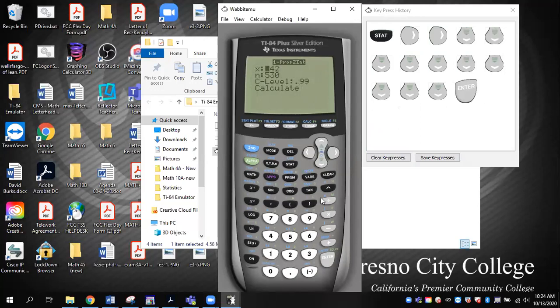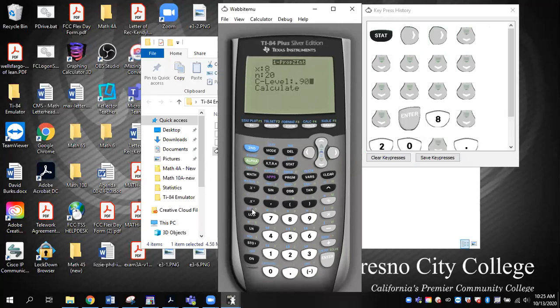And then my x is 8, go down, the n is 20, and the C level is 0.90. Go down and calculate. There it is. There's the numbers. There's the interval.